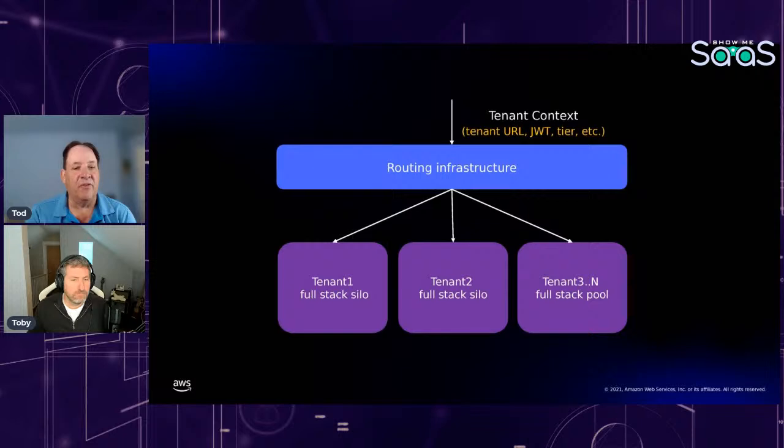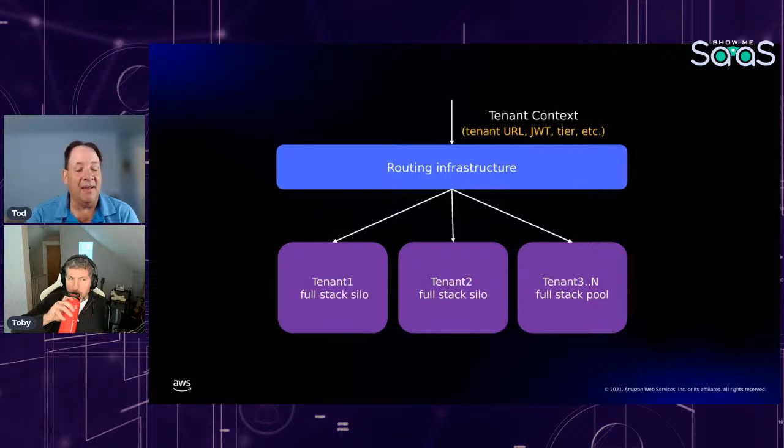So for me, I think everybody focuses on what's in these purple boxes: am I going to be siloed? Am I going to be pooled? What does my silo look like? And how will I make sure that tenant one can't access the resources of tenant two across that silo? All things we classically talk about. To me, though, it's how these get routed and how all that gets onboarded.